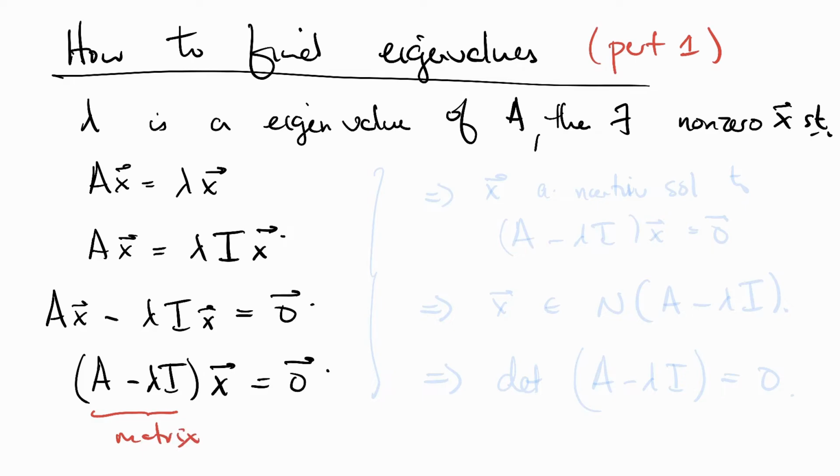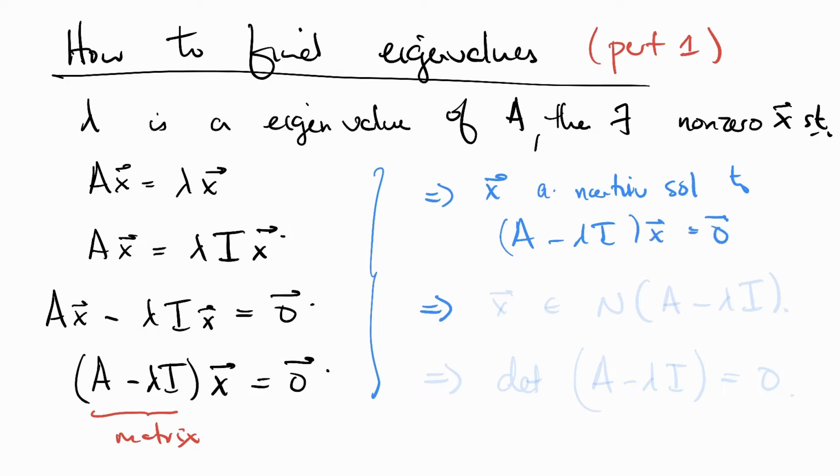Notice, all of this means that x is a non-trivial solution to A minus lambda I times x is equal to 0.